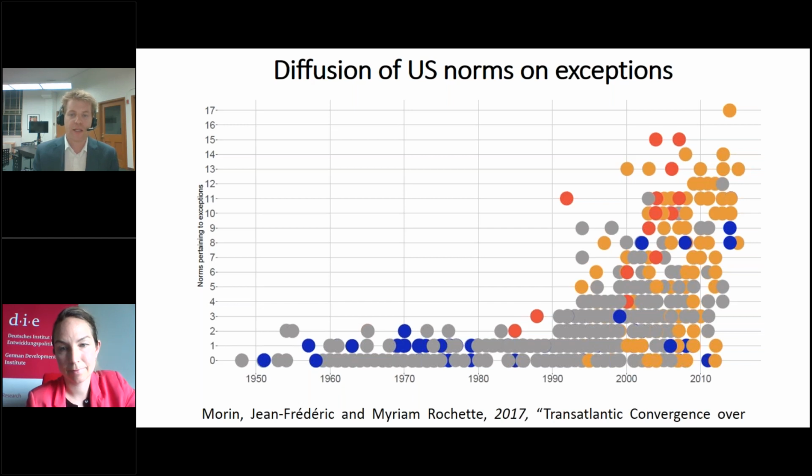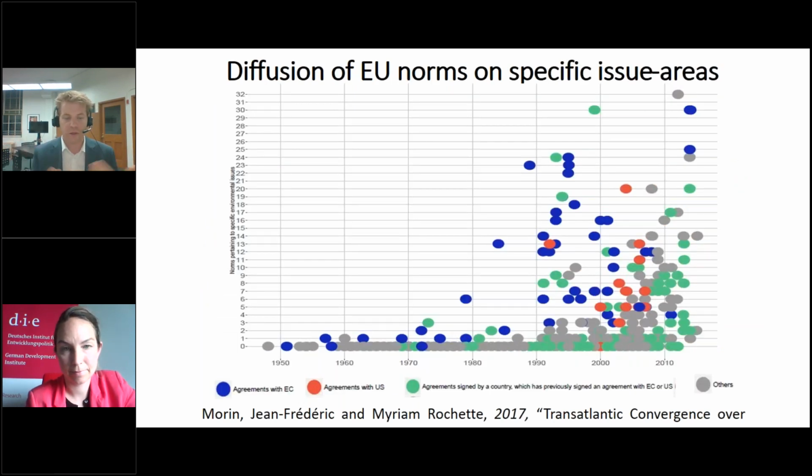That said, the learning process is not going in only one direction. It's going in two different directions. The US is also borrowing something from the EU, and you have an example here. Again, the blue dots are EU agreements and the red dots are US agreements. Here, for each agreement, you have the number of different environmental issue areas covered by the trade agreement.